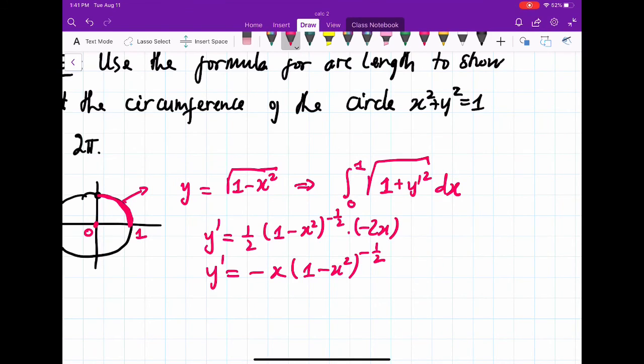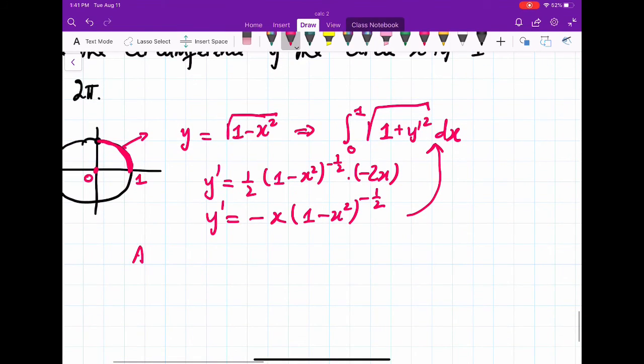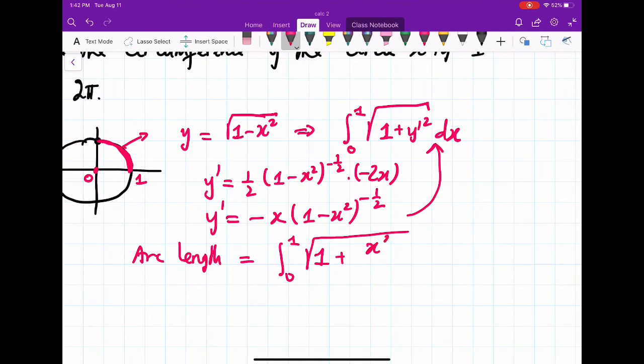And then I plug y prime into this formula. I get the arc length is equal to the integral from 0 to 1 of square root of 1 plus the square of the y prime. So I have x squared over 1 minus x squared dx.